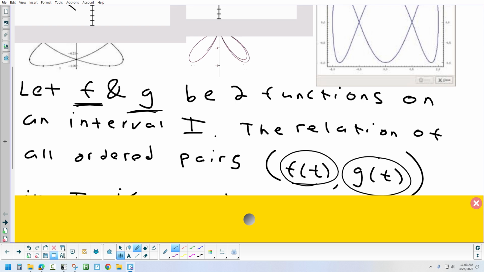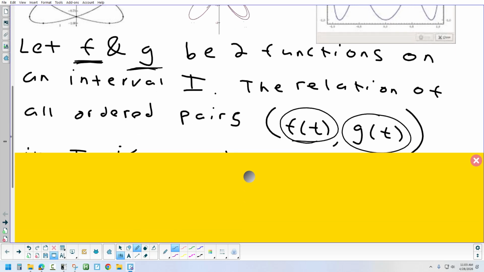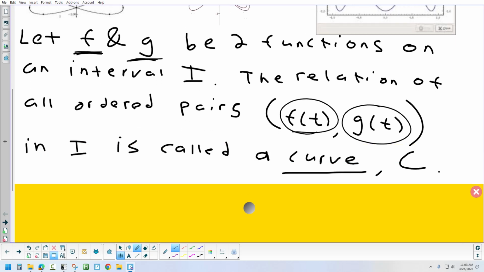They don't have to be named F and G. I just chose those 2 letters. If you take all the different points that formula F generates and all the different points that formula G generates and you draw the entire picture, we call that a curve.